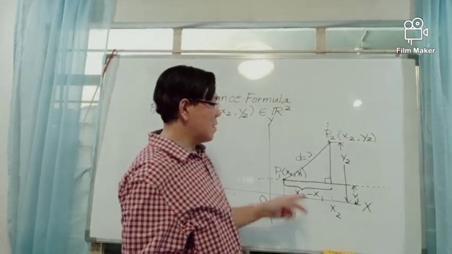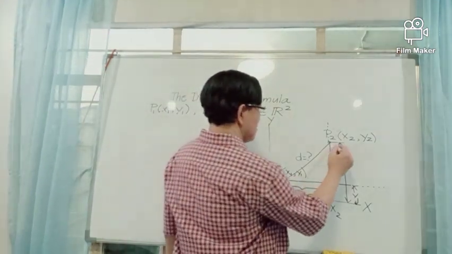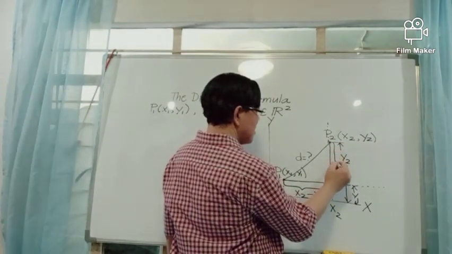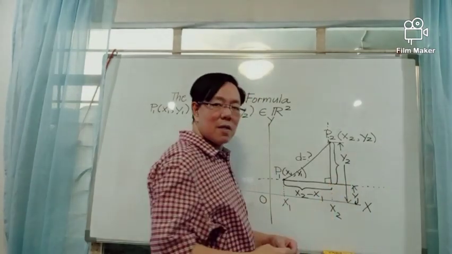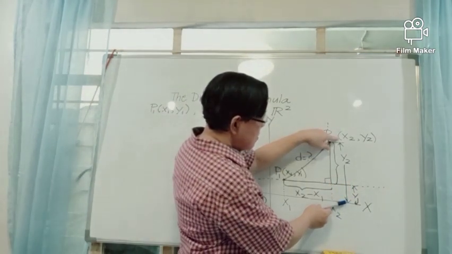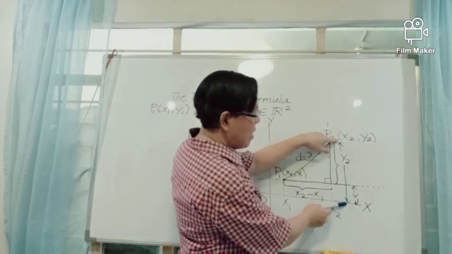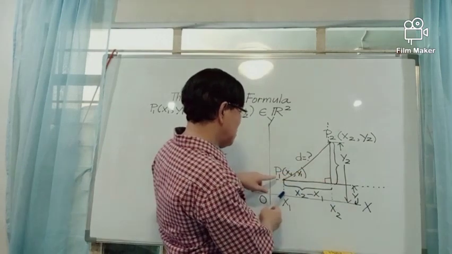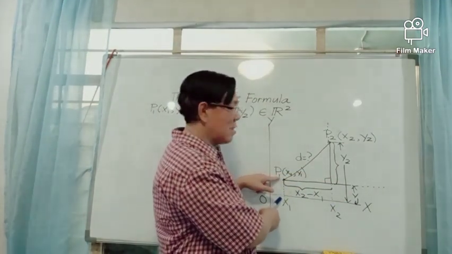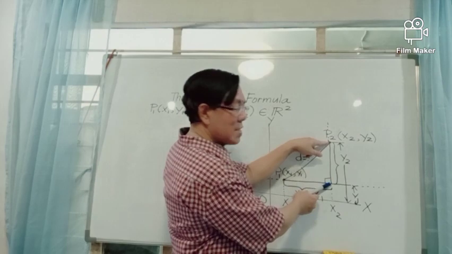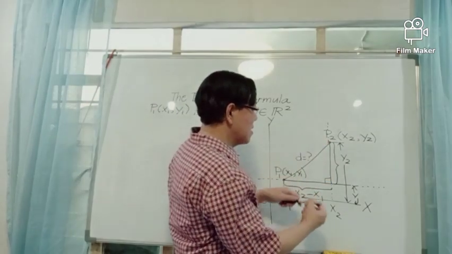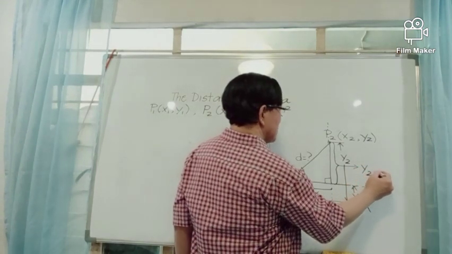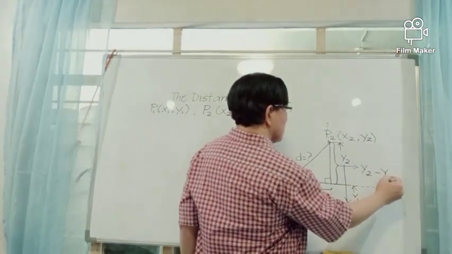So you can see from this diagram that the length of this leg of the right triangle is equal to the distance of P2 from the horizontal axis, y2, minus y1, the distance of P1 from the horizontal axis. Therefore, this side of the right triangle has a length of y2 minus y1.